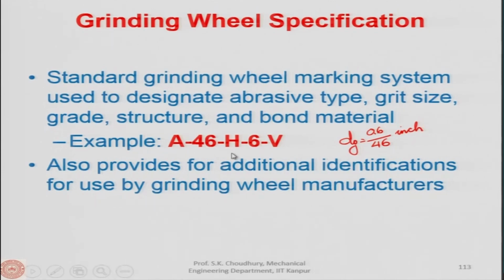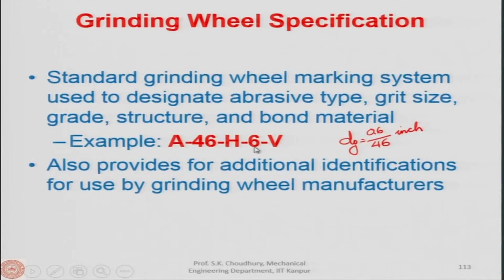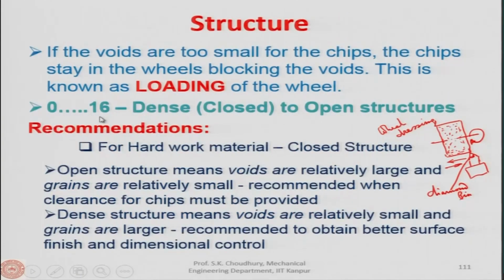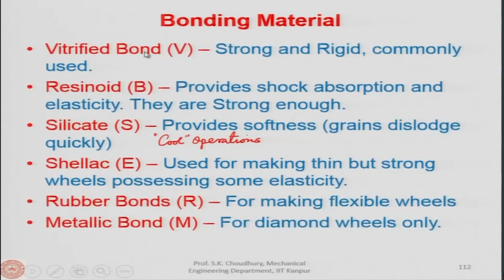Next is the grade: this is the soft wheel, A to H. Then 6 is the structure. We have said that 0 in the beginning is the dense, closed structure, so this will be a relatively closed structure. And V is the vitrified bond, which is strong and rigid and commonly used.